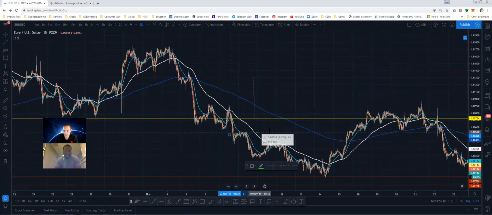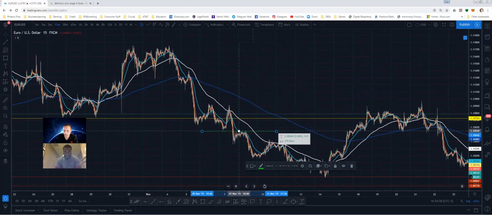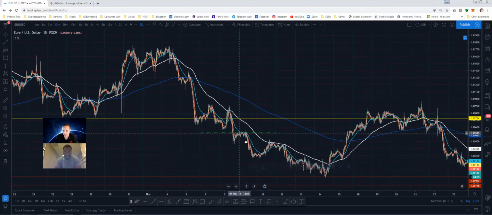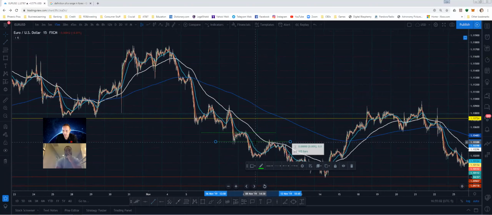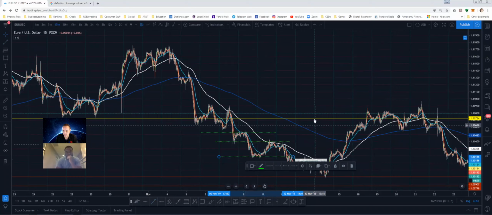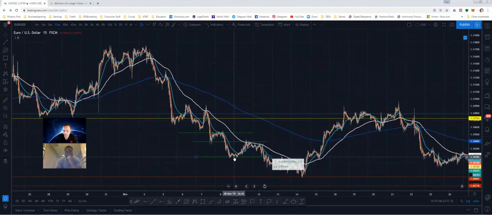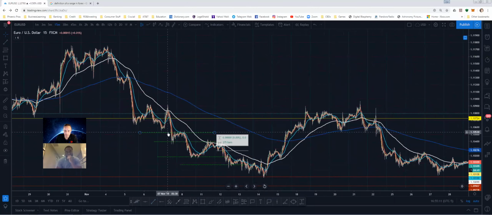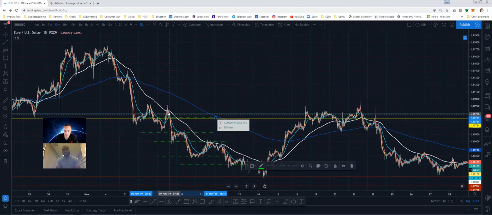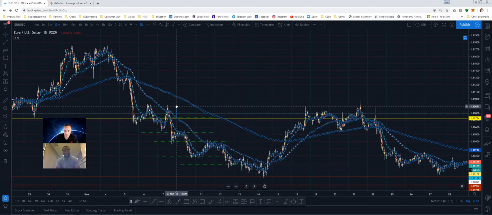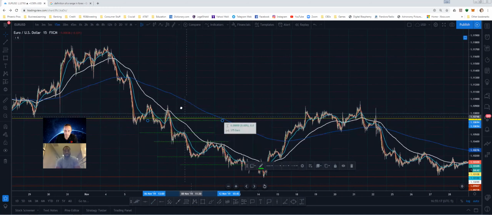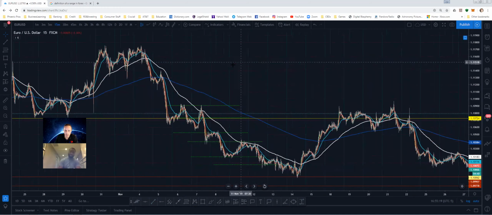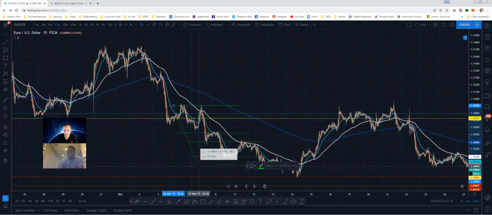So imagine a skyscraper. All right, you got a building here.